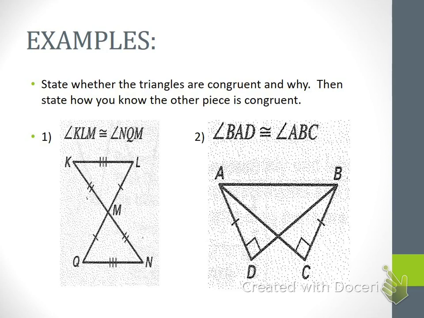All right, on number 1, we don't really need to separate those triangles. They're already separated for us. How would I be able to prove those two triangles congruent? So we have vertical angles there. I don't know that we need them though.